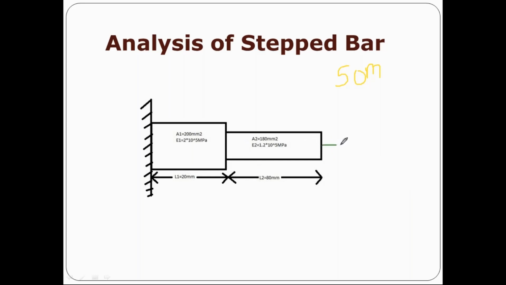Suppose I'm applying some force or load here, that is P. After applying the force P at this point, how much is the extension of these bars? So you can calculate it by using this formula, delta L is equal to PL upon AE.